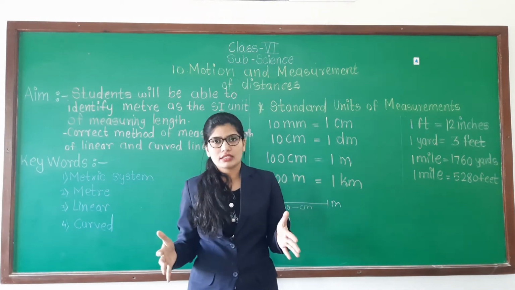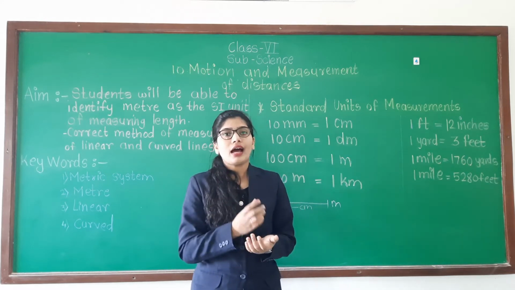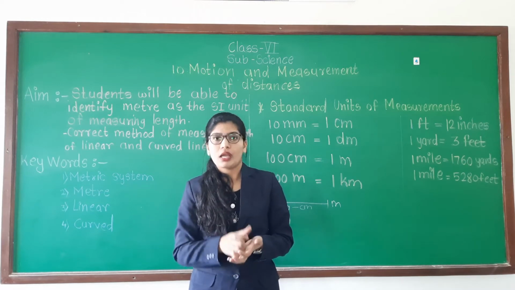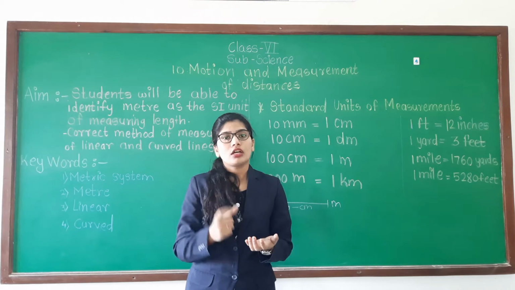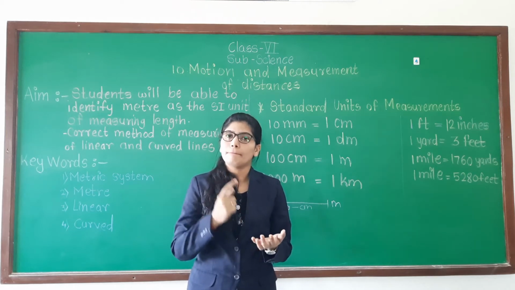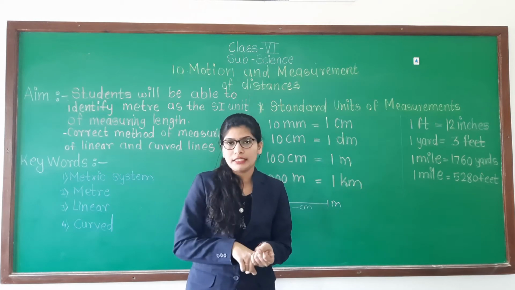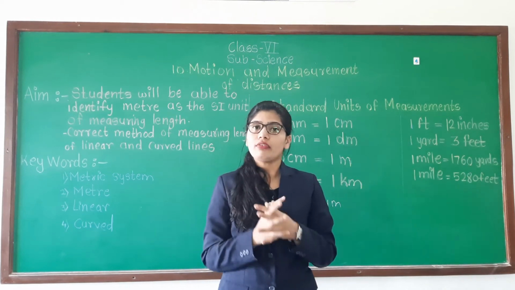Like our school has some rules, there are particular units for particular measurements. If we are measuring length, the units should be meter, centimeter, kilometer, millimeter, like that. So these are some SI units of length.